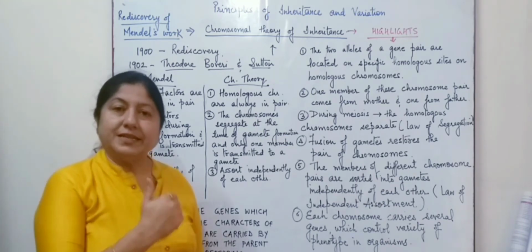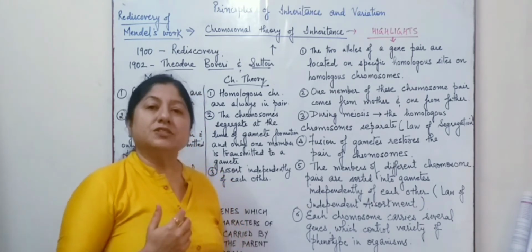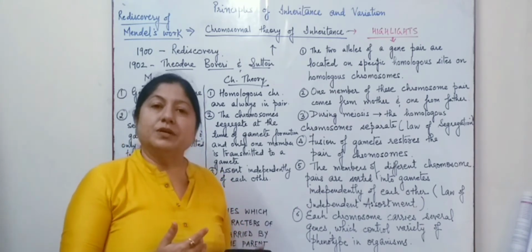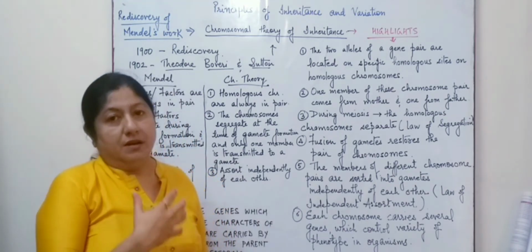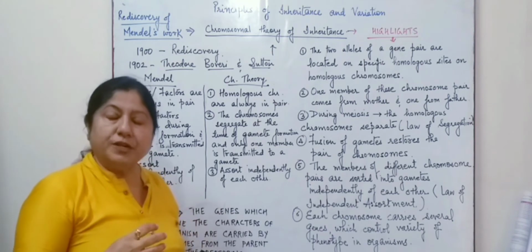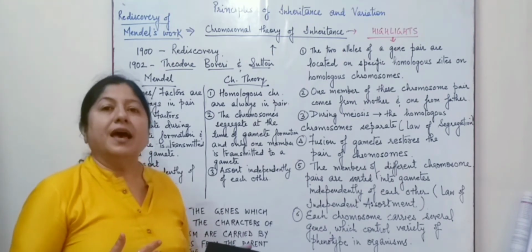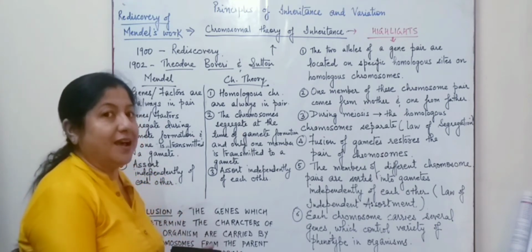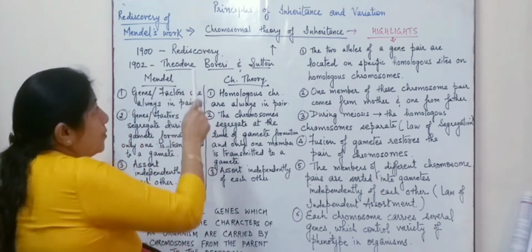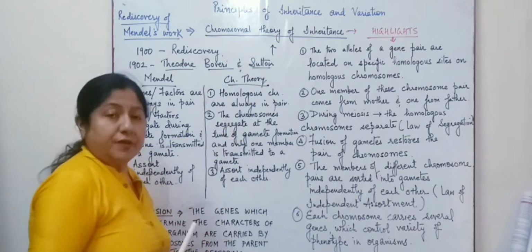However, in 1900, scientists such as Hugo de Vries, Correns, and Tschermak rediscovered his work with the study of the chromosomes or the movement of chromosomes during the cell division process. And as a result, in 1902, Theodor Boveri and Sutton came up with the chromosomal theory of inheritance.